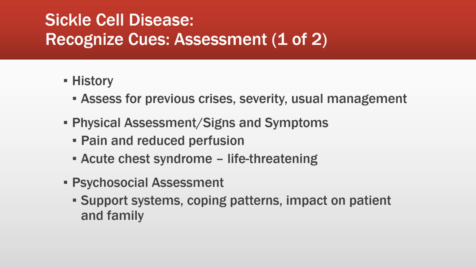How are their sleep and rest patterns? Are they fatigued? So again, the history is really important so that we can pinpoint what has caused it, how bad, and how it needs to be managed. It gives us information on some of the factors that really can precede the crisis.